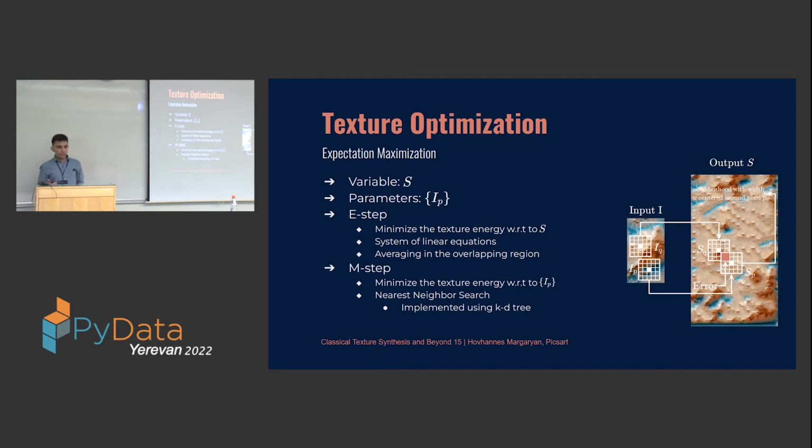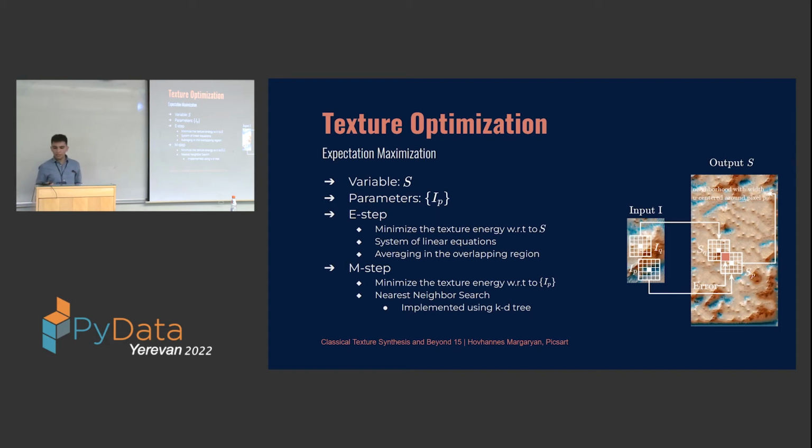The optimization problem that was presented in the previous slide can be loosely treated as expectation maximization. In the energy function, we treat the output texture as variables, while the IPs are parameters. Then, in each step, we minimize the texture energy function with respect to S. And since the texture energy function is quadratic, we end up solving a system of linear equations.